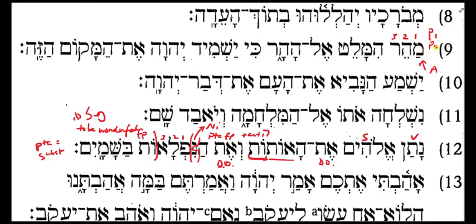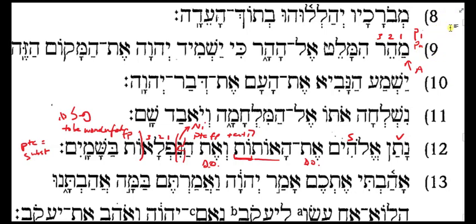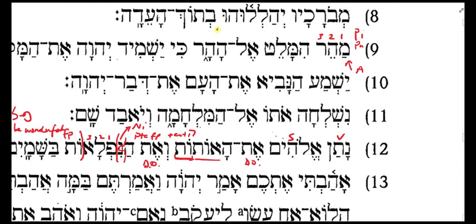And here's the question, where in the PL and PUAL do I get no prefixing? That would be in the perfect, right? What else? So the perfect, the imperative, and then I've got my infinitives, right?